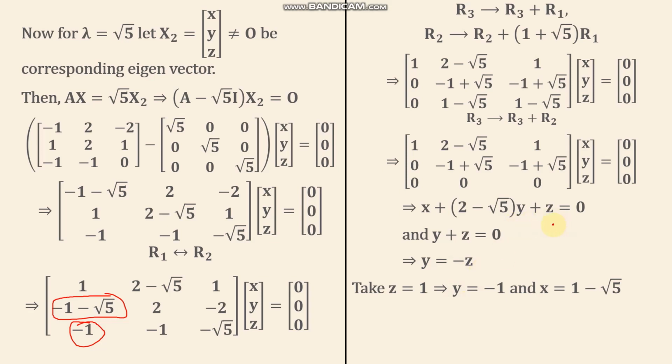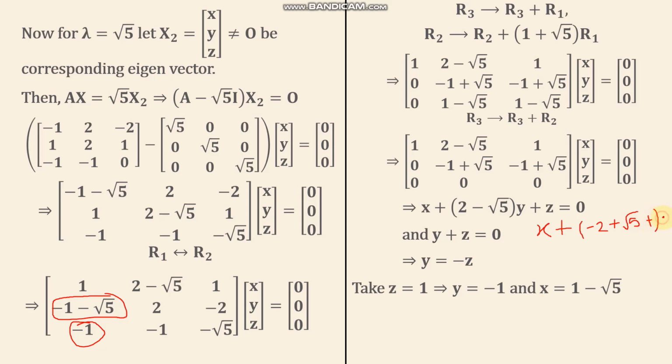And if we put the value of y and z in the first equation, if I put y to be minus 1 here, I will get minus 2 plus root 5. And if I put the value of z to be 1, I'll get 1 here.